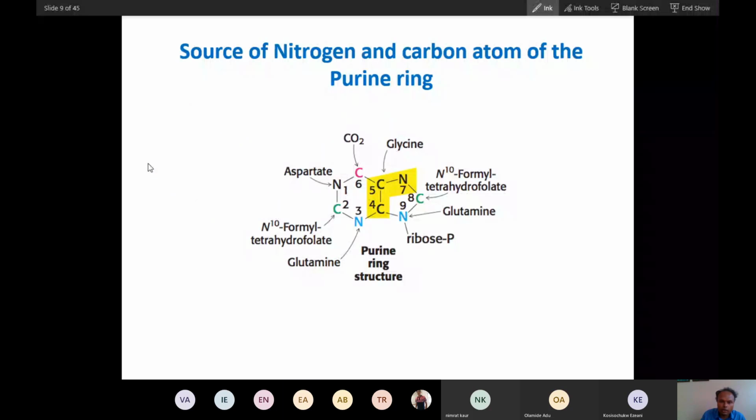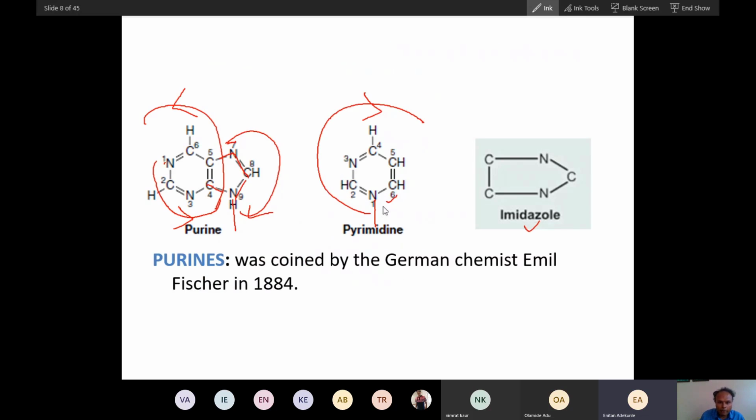Wait, I think we are getting things mixed up here. Is pyrimidine anti-clockwise or clockwise? It should be clockwise. Let me draw the structure.